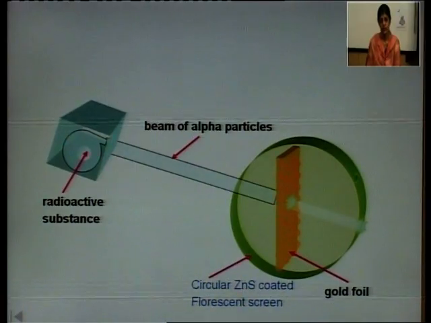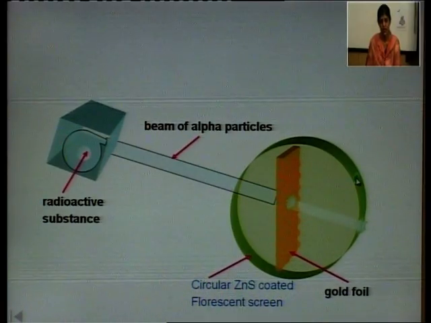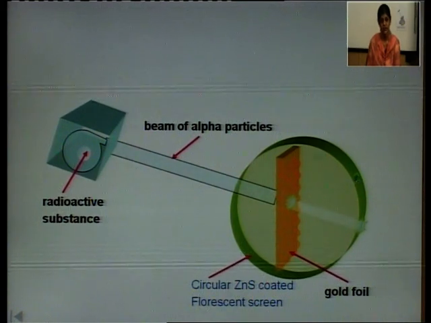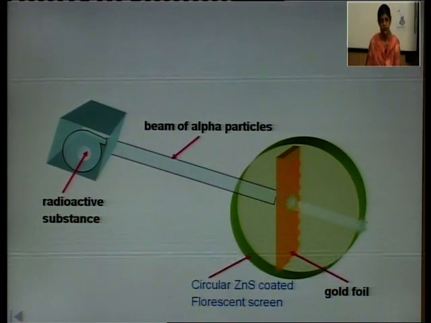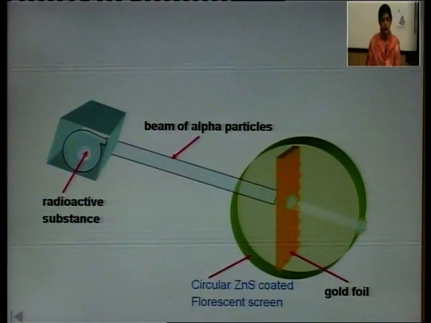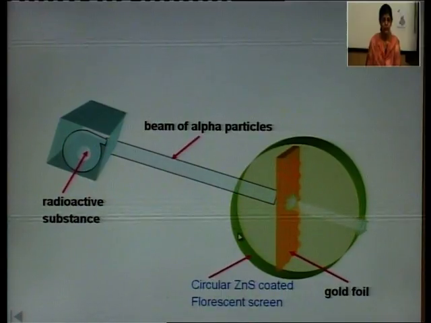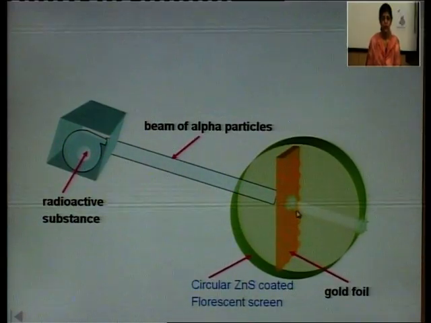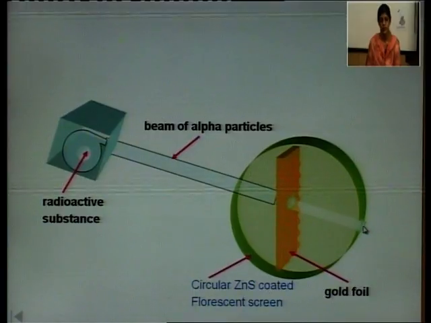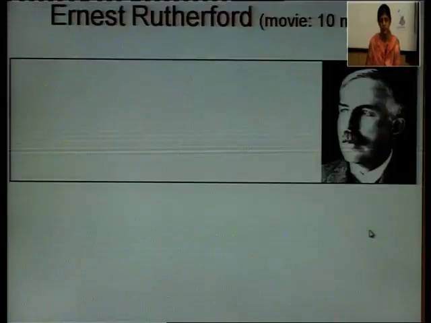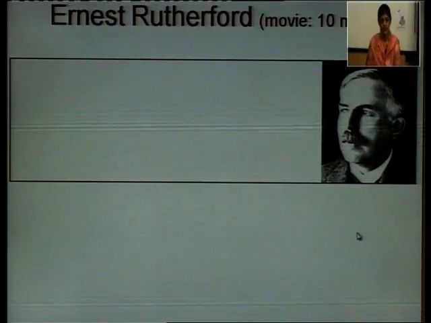Then a few particles you can see here are deflected by small angles. Then a very few particles are coming back. So the maximum particles are getting straight through the gold foil, and a few are getting deflected.